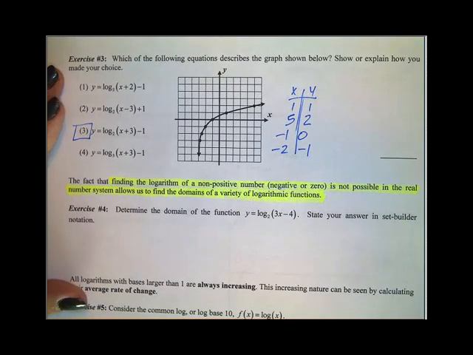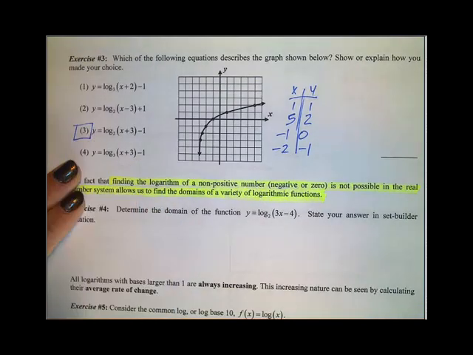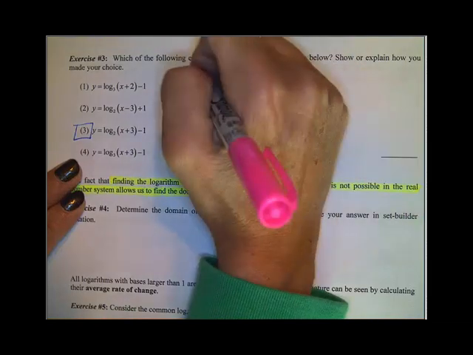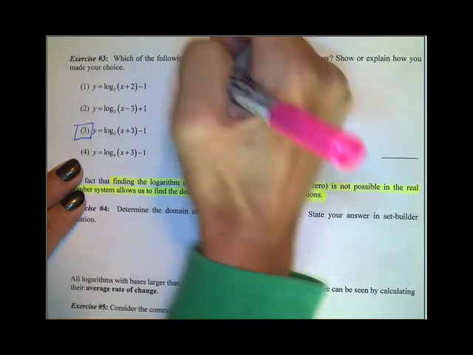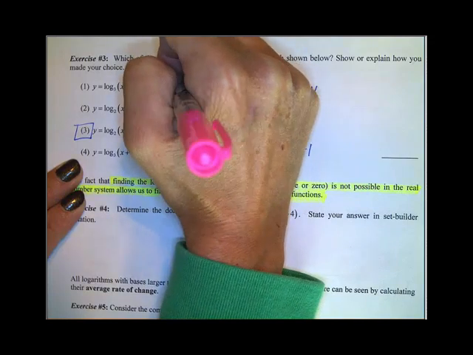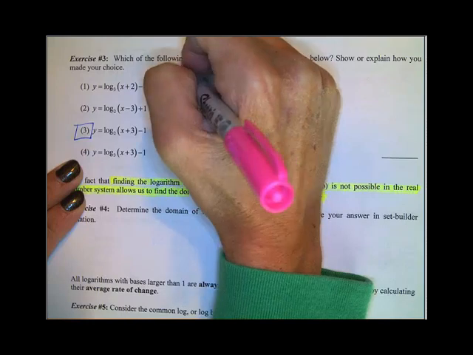So it asks us in number 4 to determine the domain of the function y equals log base 2 of 3x minus 4. So just like above, let's use our example above. We notice that our asymptote is right here at x equals negative 3.